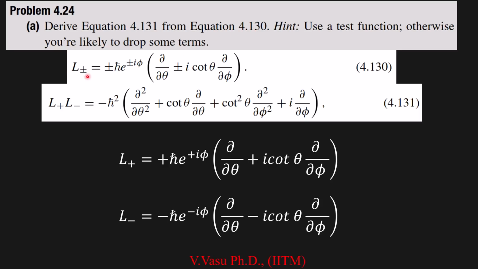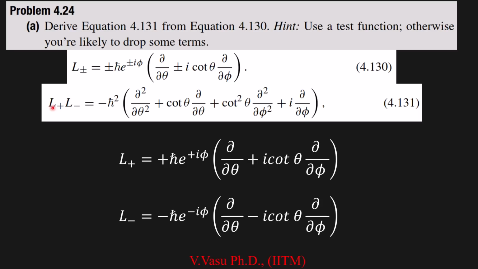That is, L plus or minus is equal to plus or minus h cross e to the power plus or minus i phi, multiplied by del over del theta plus or minus i cot theta del over del phi. And from this we have to derive equation 4.131 as the problem gives it.